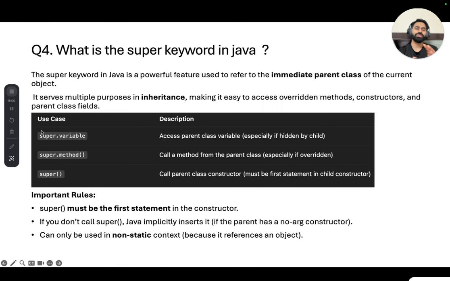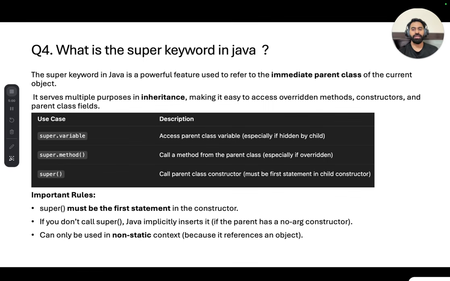Where can we use the super keyword in a Java class? You can use it with a variable, like super dot variable, which means it is trying to access the parent class variable. You can use super with a method, which means it is trying to access the parent class method.